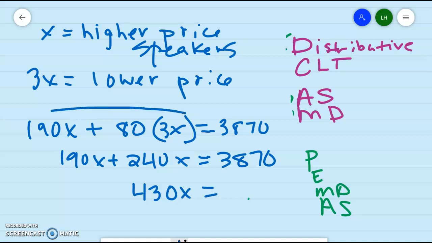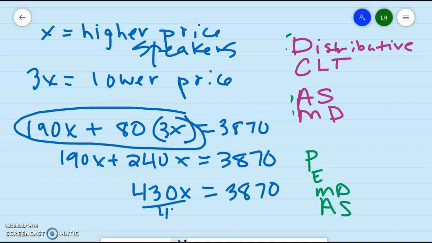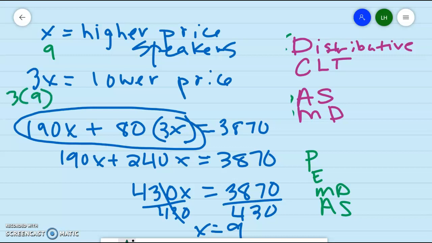So you always want to try to narrow this down. You want to follow order of operations, combine your like terms, and then the last step is going to be divide. And so x is going to equal 9. But 9 is the amount that we sold of higher price. And so if we plug in 9 here, that will show us that we sold 27 of the lower price speakers.